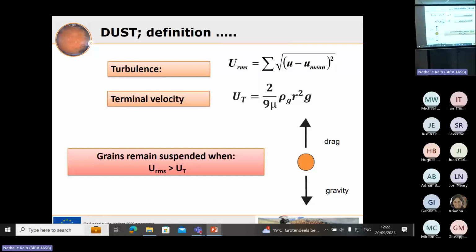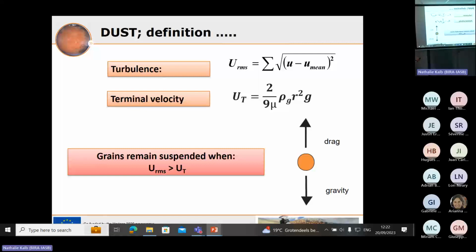That's the definition of the terminal wind speed. So when these two things become comparable, it means that even when you're falling at top speed, the wind can still be taking you up and down and all over the place. So this is basically the definition of when something is suspended.